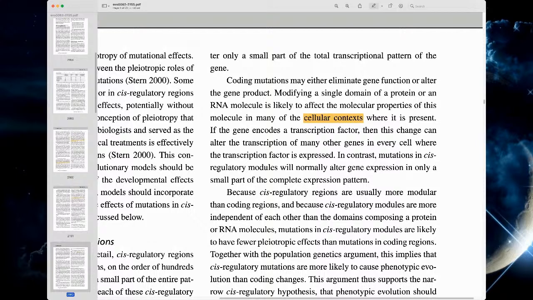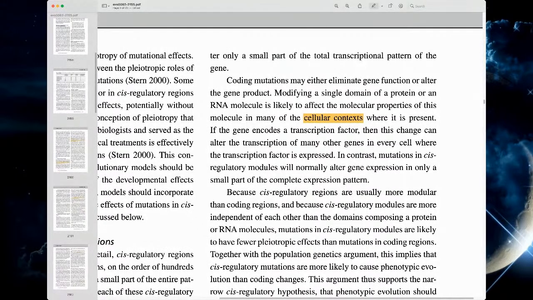Cellular context. If the gene encodes a transcription factor, then this change can alter the transcription of many other genes in every cell where the transcription factor is. Okay, so that's the developmental gene context we're talking about there. In contrast, mutations in cis-regulatory modules will normally alter gene expression in only a small part of the complete expression pattern.